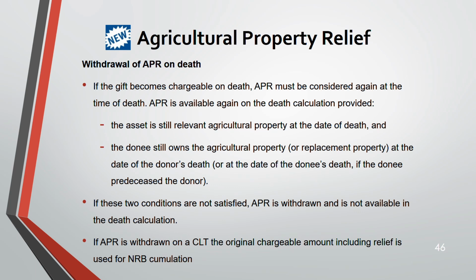That's why we don't take the relief at the time when they are alive. During their lifetime, we take the relief at death. But because the NRB calculation we do at the time of gift, we are keeping the original amount with the relief. So no confusion in that one. You don't have to change it again.